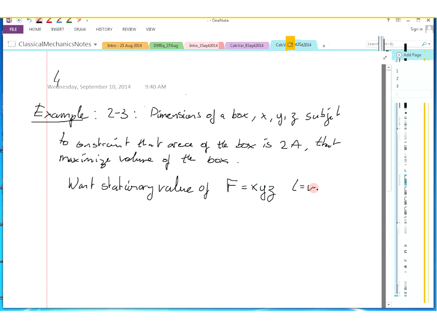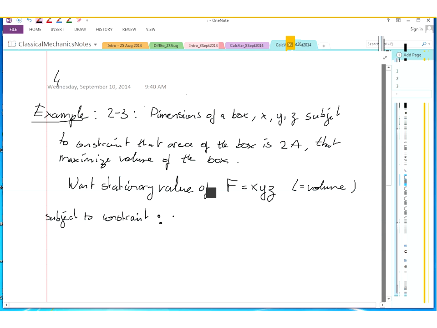All right, that's the volume. Everybody agrees the volume of a box is the 3 coordinates of the box, okay? And it's subject to the constraint, so the area of the box.